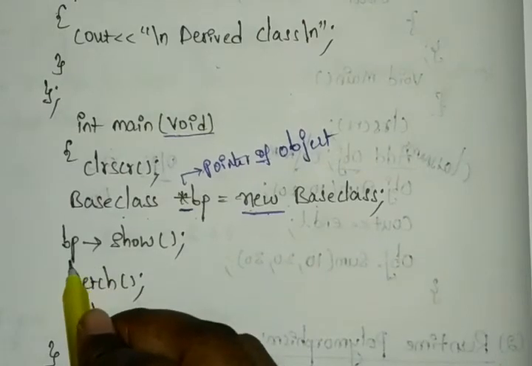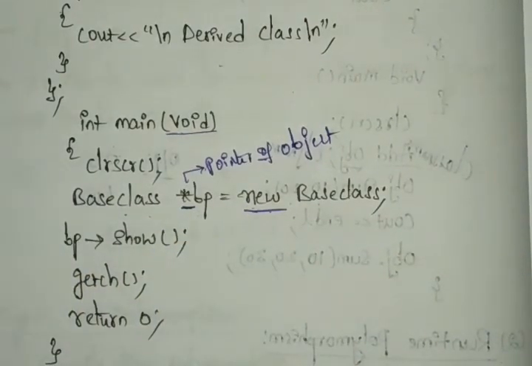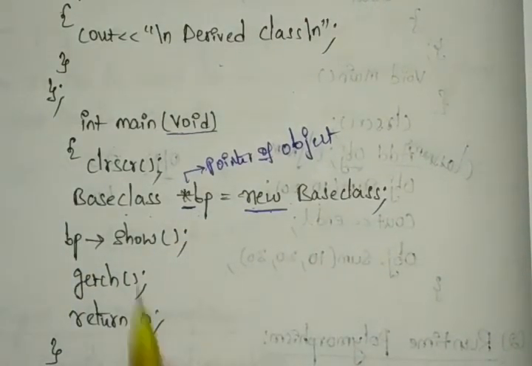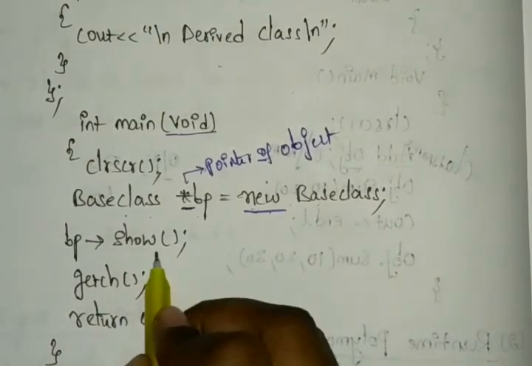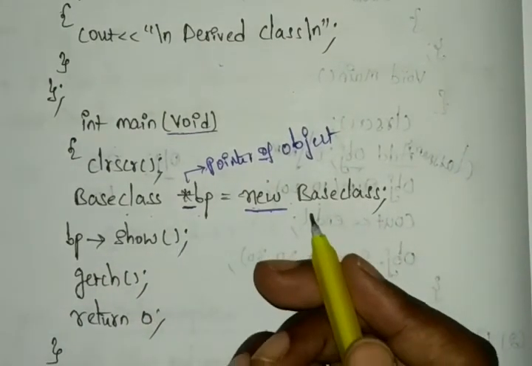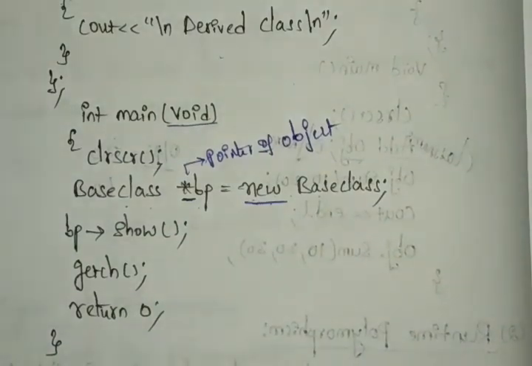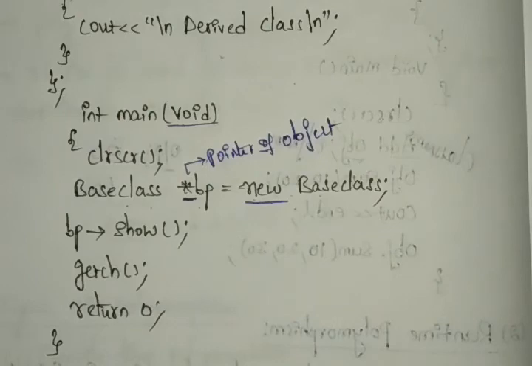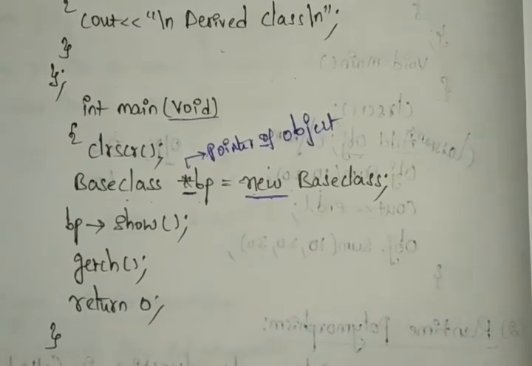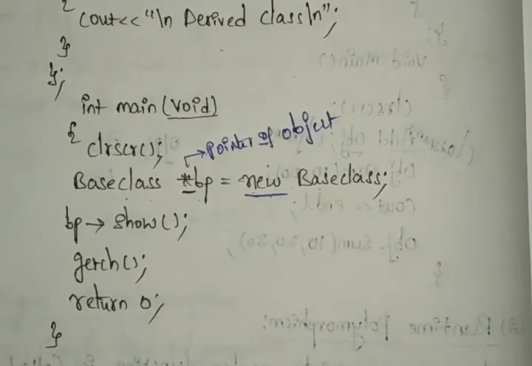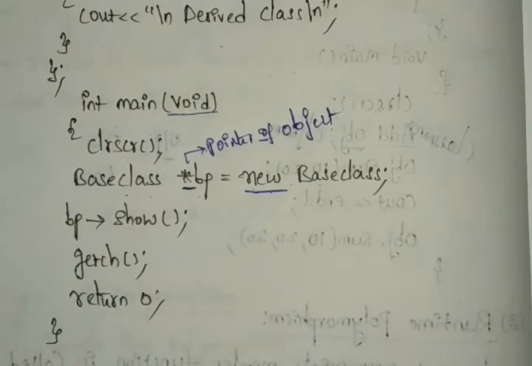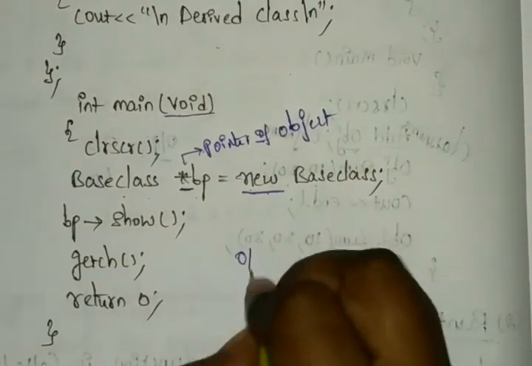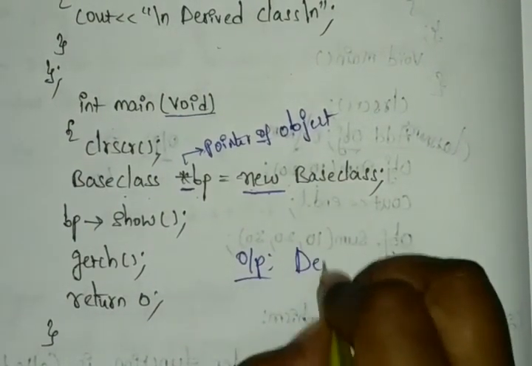After that, whatever is in the object shows our method, and whatever you give in the function is displayed in the output. It cannot display the base class output; it displays the derived class output only.